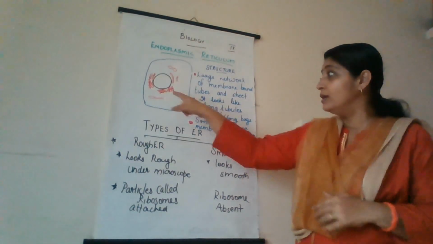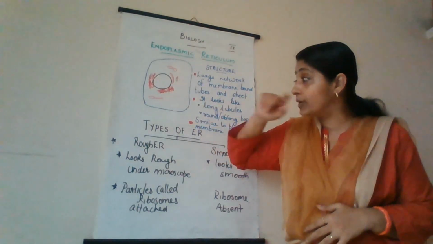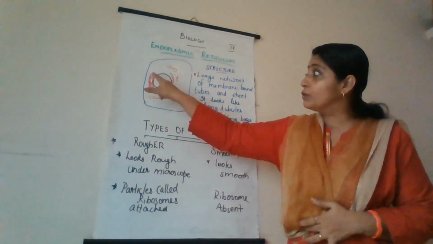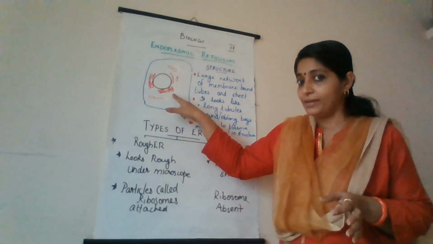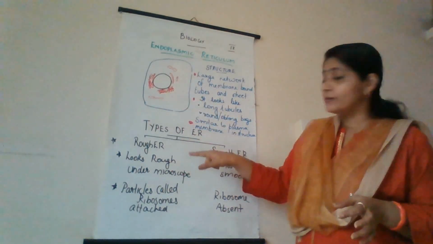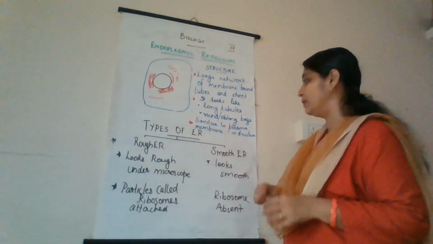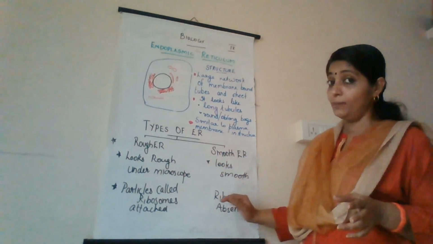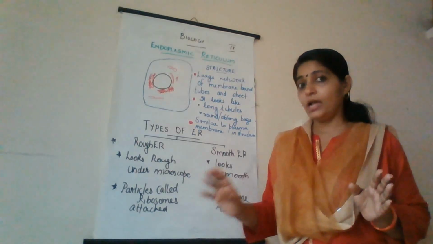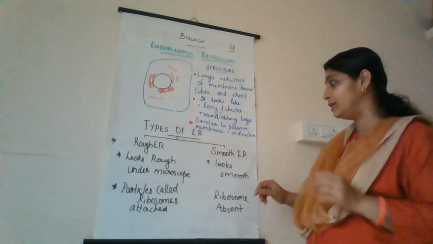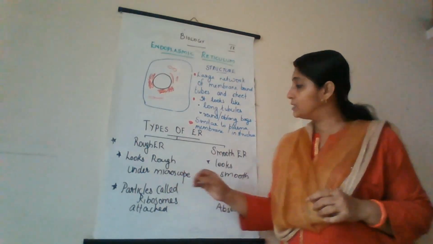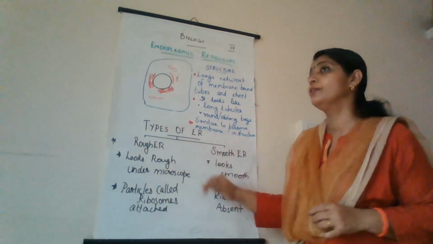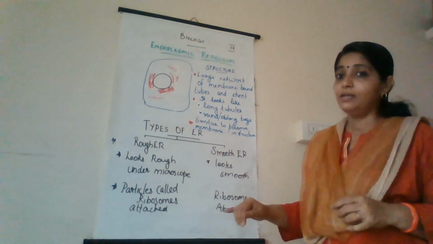In smooth endoplasmic reticulum, these ribosomes are absent. That is the main difference between rough and smooth endoplasmic reticulum. Now we will study rough and smooth endoplasmic reticulum in detail.